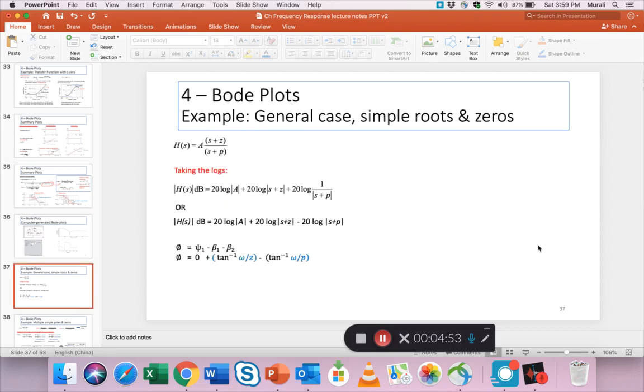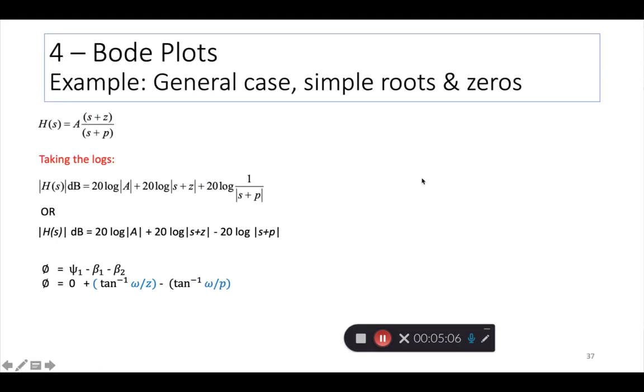Okay, so I move to slide 37, and we have some things that we can learn from here. Actually, let me also expand this. Okay.